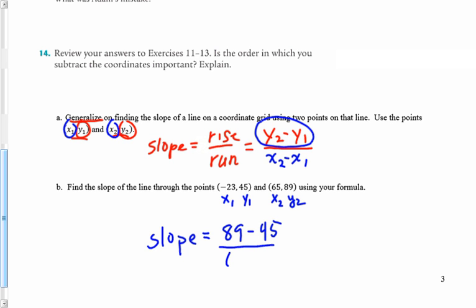So we're going to take 65 minus negative 23. Then we're going to subtract those. And we get 44 for our rise. And then 65 minus negative 23. Remember that subtracting a negative is the same as adding, so we get 88. And then dividing those two gives us 1/2 or 0.5, if you will.